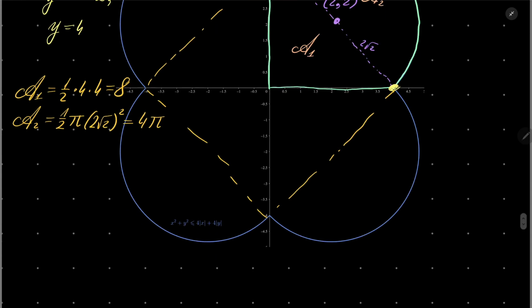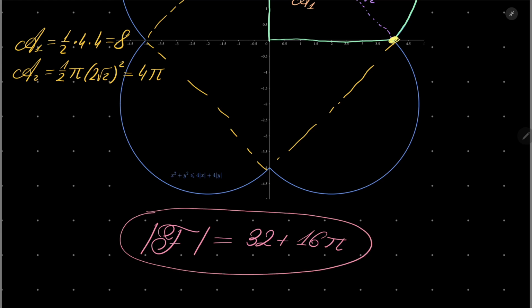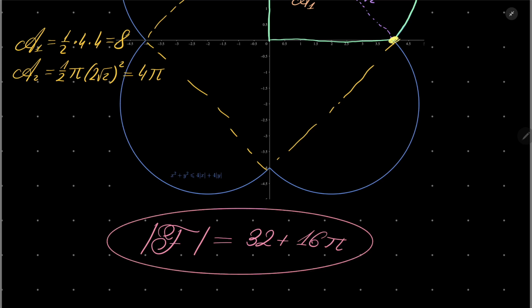So our total area is 4 times 8, which is 32, plus 4 times 4 pi, 16 pi. And that is our answer. Our area equals 32 plus 16 times pi.